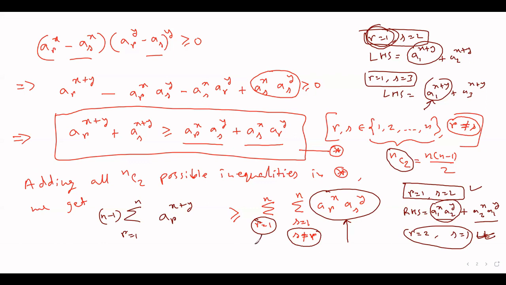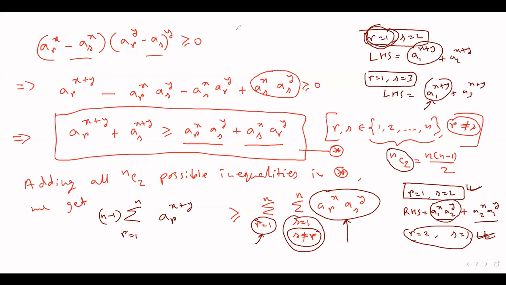But when you get to r equals to 2, s will start from 1 again. So r equals to 1 and s equals to 2, and r equals to 2 and s equals to 1, both are going to be counted if I write the summation in this manner. So I need to do something here to make it right.